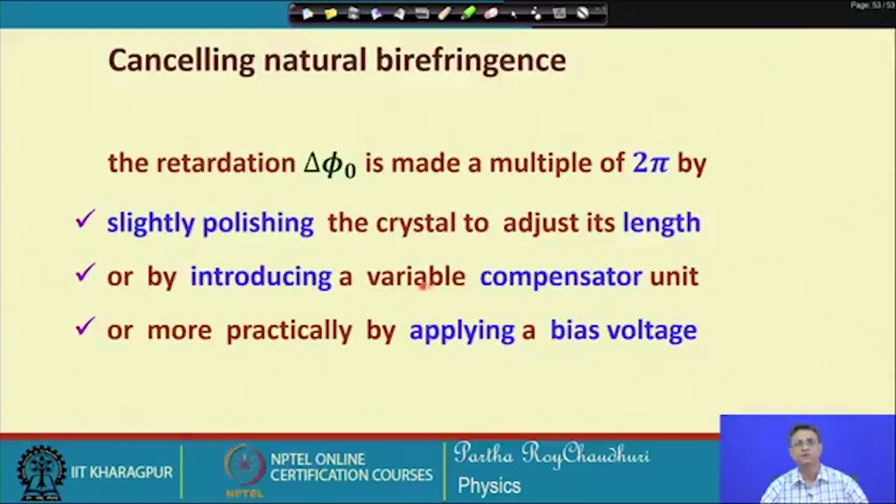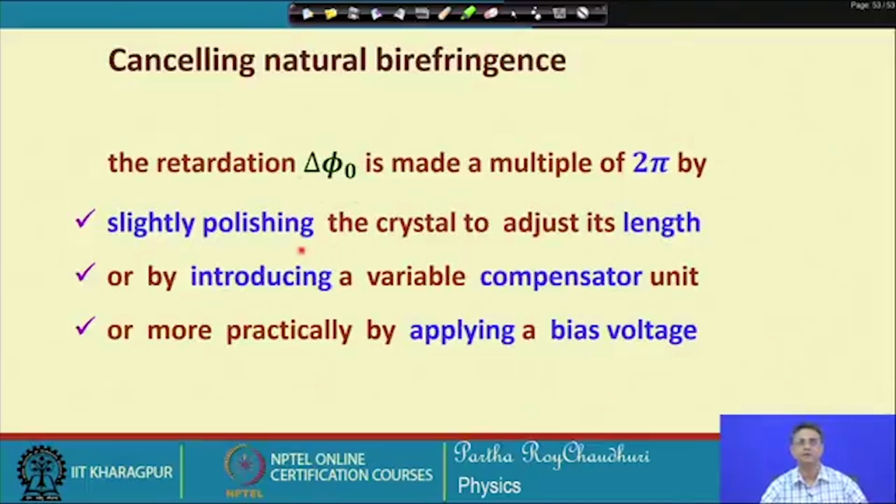Or a variable compensator unit can be inserted just to cancel out the effect of this delta phi 0. And a more practical approach is to tune the applied voltage by a small bias voltage, which will just cancel the effect of delta phi 0.